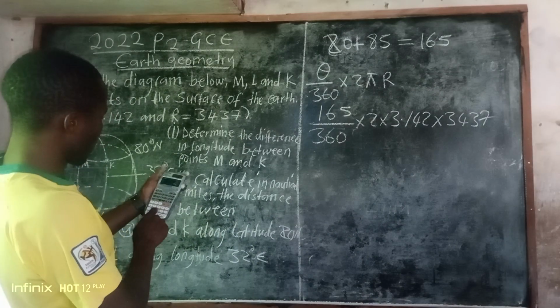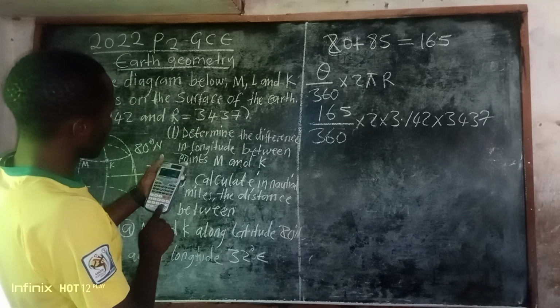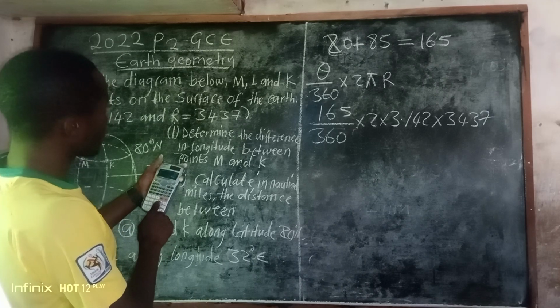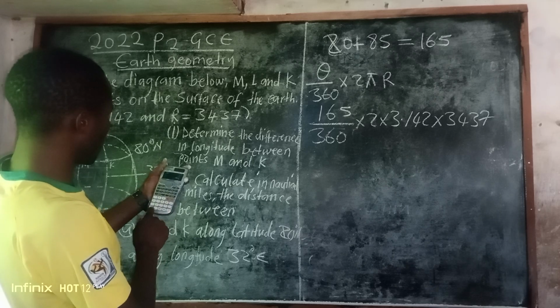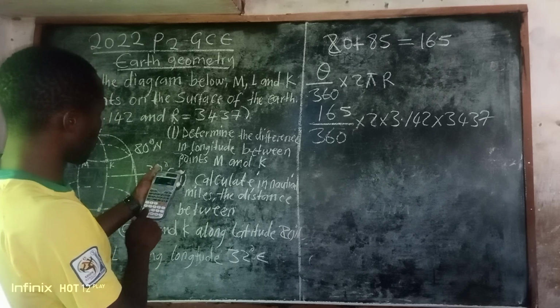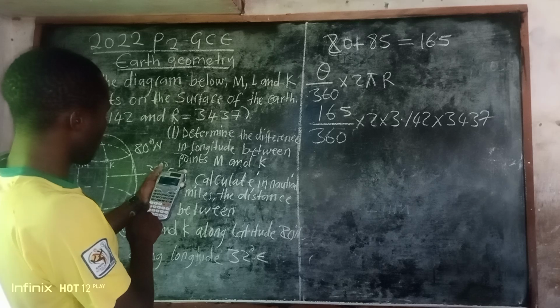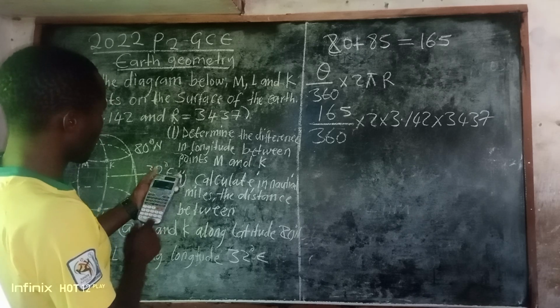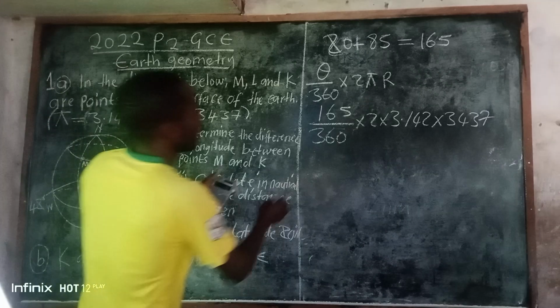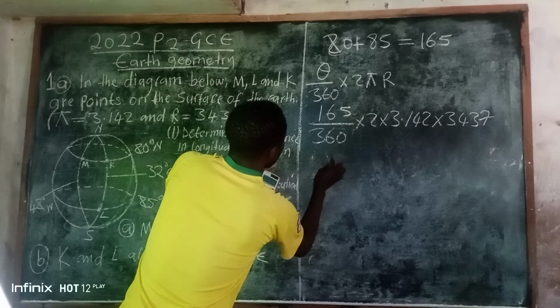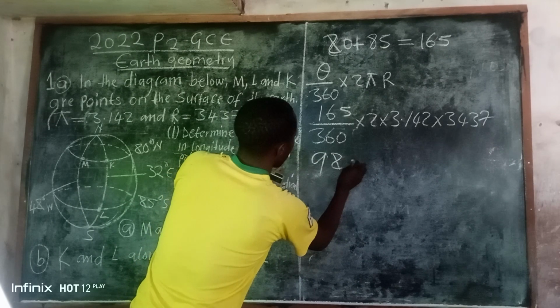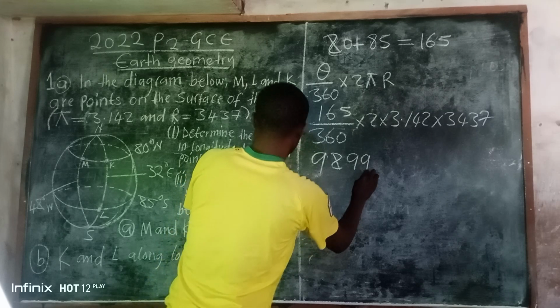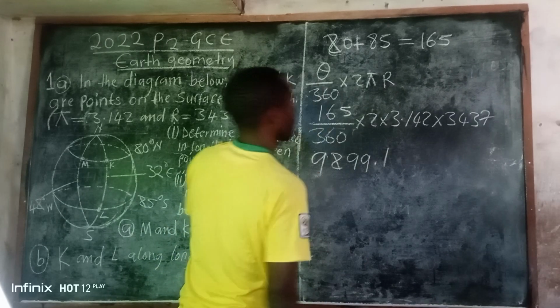165 divided by 360, then times 2 times 3.142 times 3437. The answer is 9,899.1.